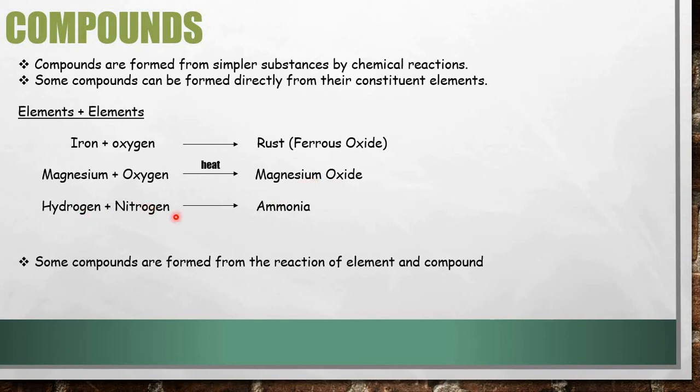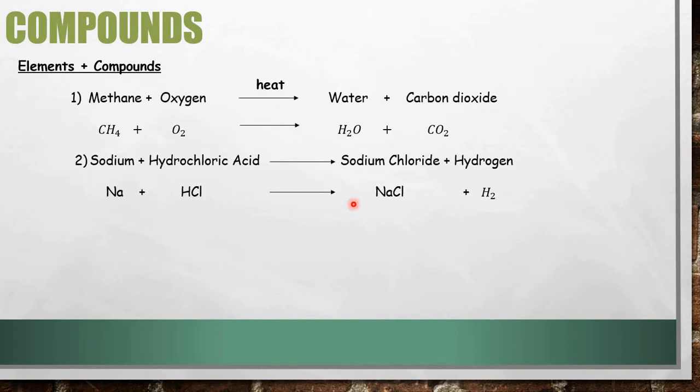For hydrogen and nitrogen, hydrogen gas and nitrogen gas, if you mix them up, they will form ammonia. Some compounds are formed from the reaction of an element and a compound. For example, the next one, element plus compound. Methane is a compound because you have different atoms, C and H, they are different, right?